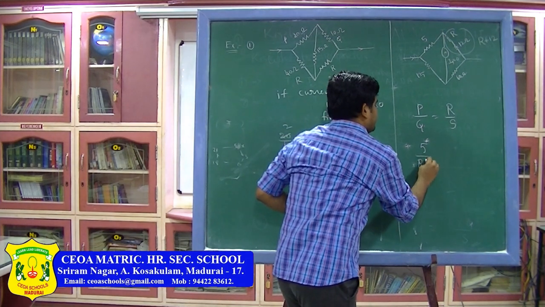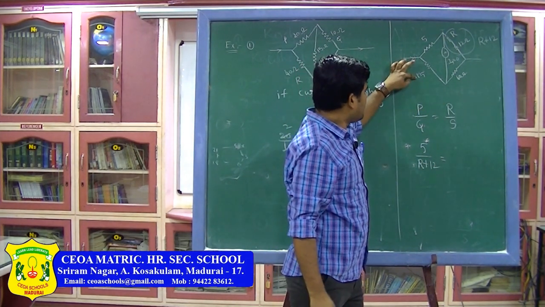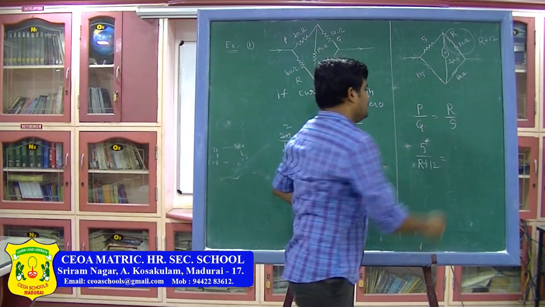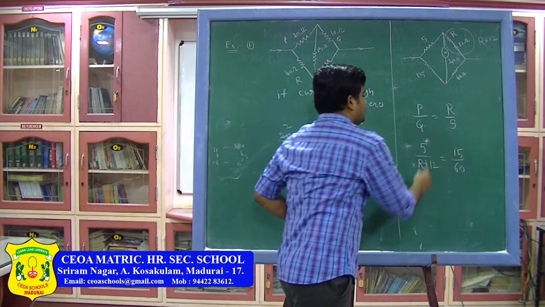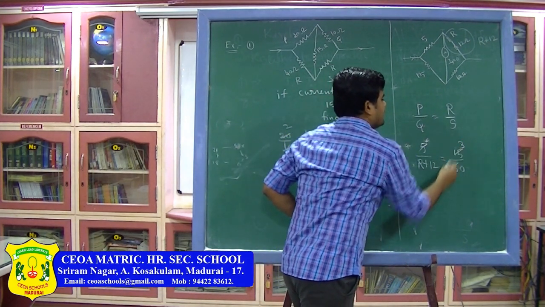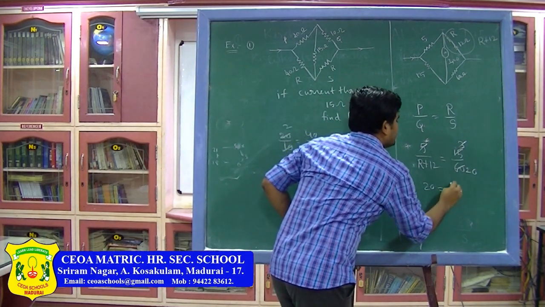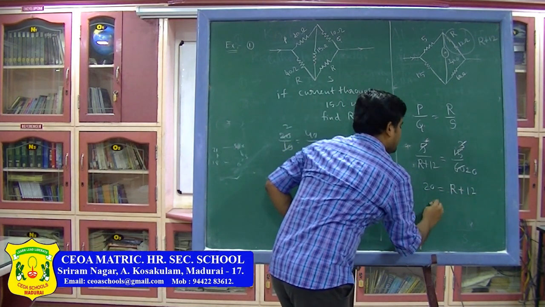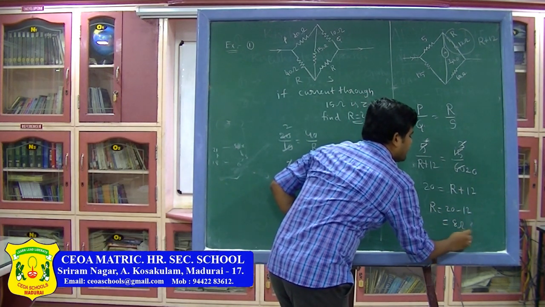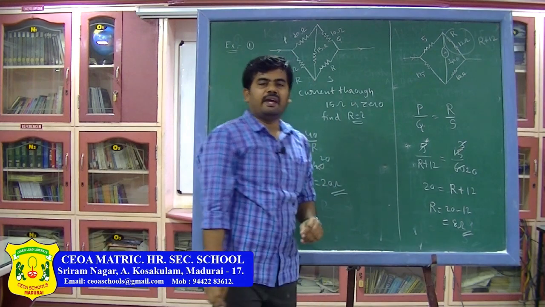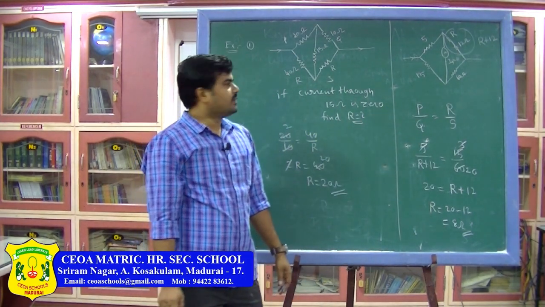So, 5 over R plus 12 is equal to R by S, R value 15, S value 60, so 15 divided by 60. Now simplifying this, 5 ones are 5, 5 threes are 15, 3 ones, 3 twenties are 60. So, here 20 is equal to R plus 12, then R is equal to 20 minus 12, that is equal to 8 ohm. So, the required value of the unknown resistance is 8 ohm. That is another method based on the Wheatstone bridge network.